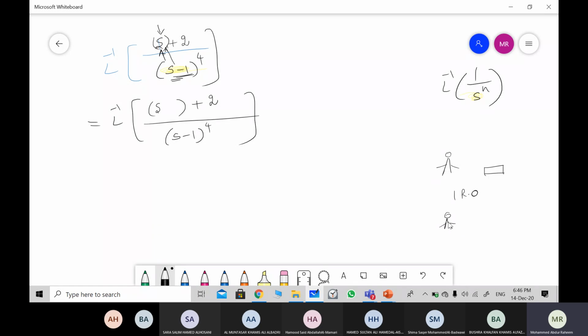This is my friend, suppose. I will call him. Please give 1 real, I will give later. That means he will give 1 real, so minus 1 real he has, because he gave me his money. Later I will give 1 real to him again. Minus 1 plus 1, so he got okay.